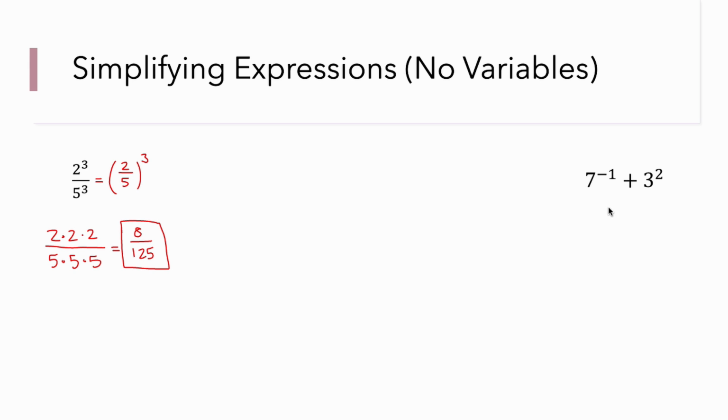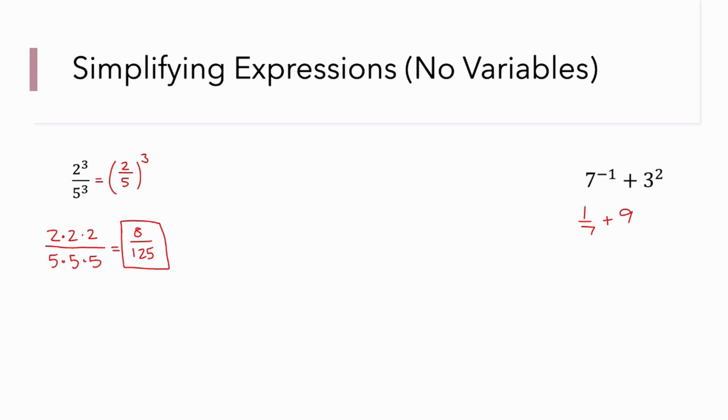Let's do the second one. 7 to the power of negative 1 plus 3 squared. Now, using the negative exponent property, we can simplify this to 1/7. Then we add 3 squared, and 3 squared is equal to 9. Now, this is a trick question in that it's using addition. They're adding the two exponents together.